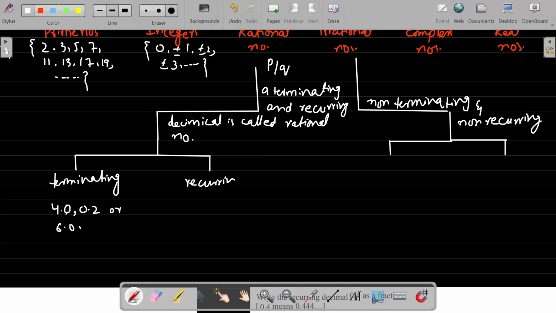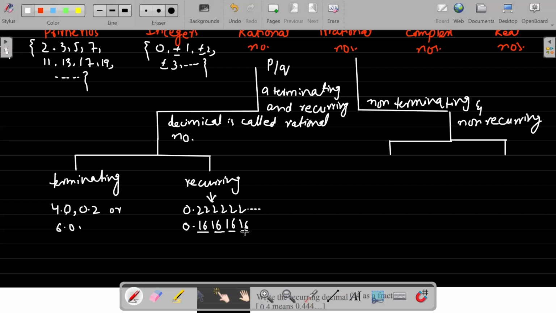And if a number is going to repeat according to a sequence, that is recurring. If a number is repeated in a sequence, just like 0.22222 and so on, it is continuous. Or 0.16161616, you can see that there is a pattern in it. 16 is going to repeat after a specific interval, continuously in sequence.